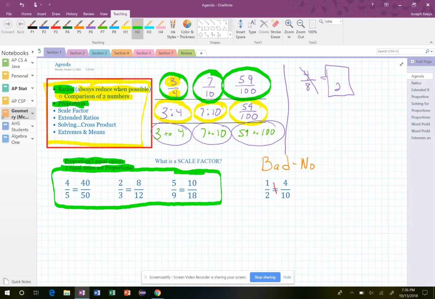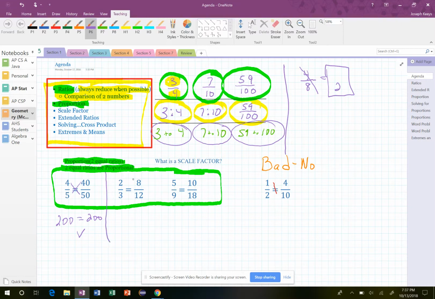Well, there's a little cross multiplication trick we do to check to see if they are proportional. So I'm going to multiply these two together, and I'm going to multiply those two together, and I'm going to compare them. So 4 times 50 is 200. And 5 times 40 is 200. Well, this is really good news. If those two numbers are the same, ding, ding, ding, those are proportional.